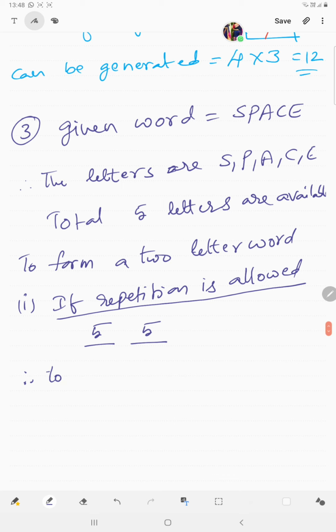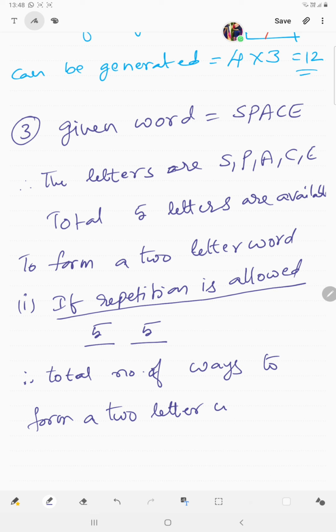Therefore, total number of ways to form a two-letter word is 5 into 5, that is 25.